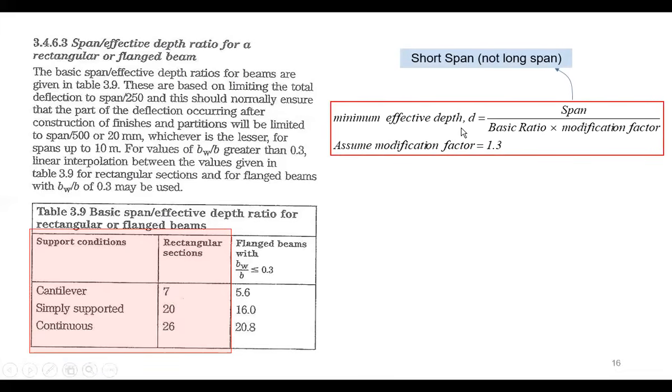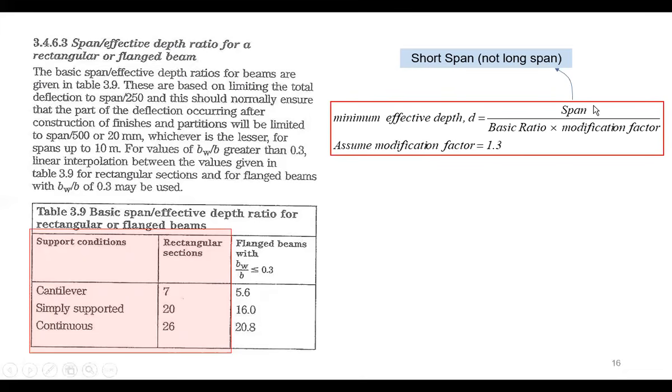To find the depth of the slab, the minimum depth of the slab equals the span divided by this basic span to depth ratio from the table, multiplied by something called the modification factor. And as a guide, you can assume this modification factor as 1.3. But there is something important here. Which span am I going to use?